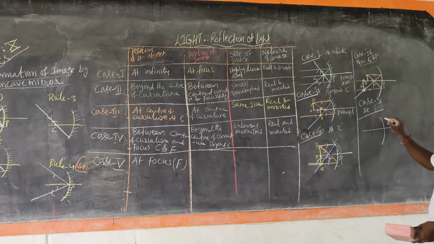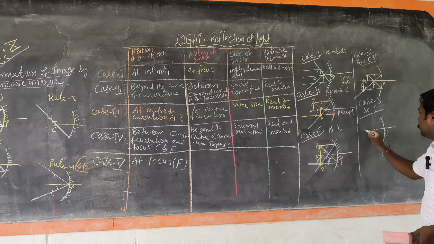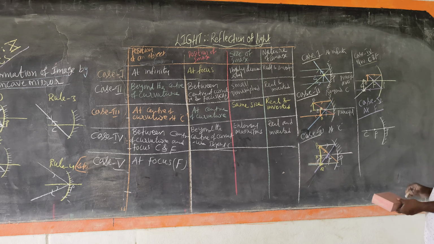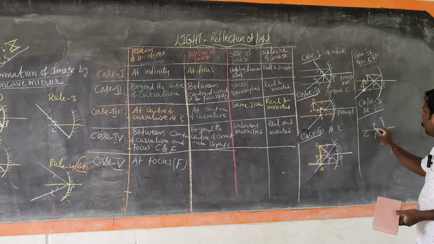Concave mirror with the reflecting pole. If this is the focus and this is the center of curvature, the object is placed at the focus.